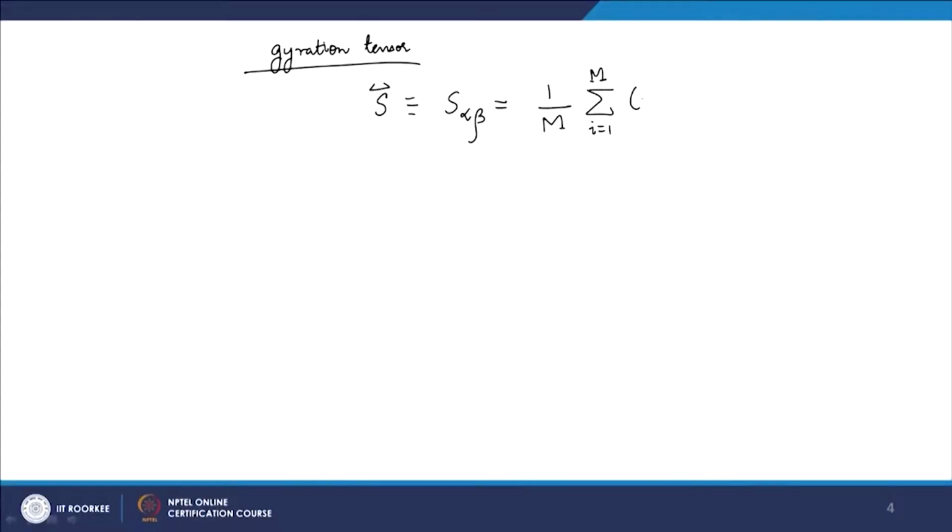Instead of that, I will do Ri alpha minus Rcm alpha, we are following the Einstein notation, and Ri beta minus Rcm beta, where alpha beta for the 3-dimensional case are along the 1 2 3 or x y z, depending on how we are defining it. Okay. So, this is in Einstein notation.